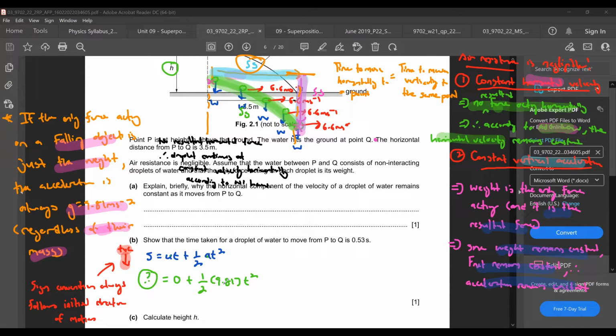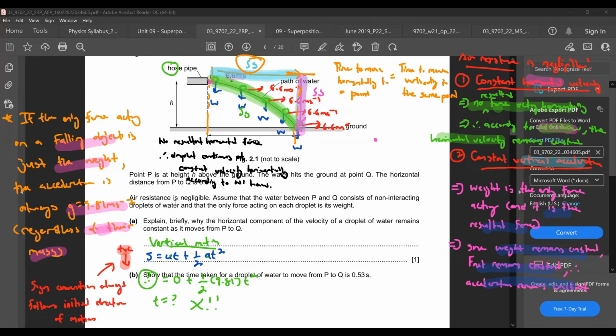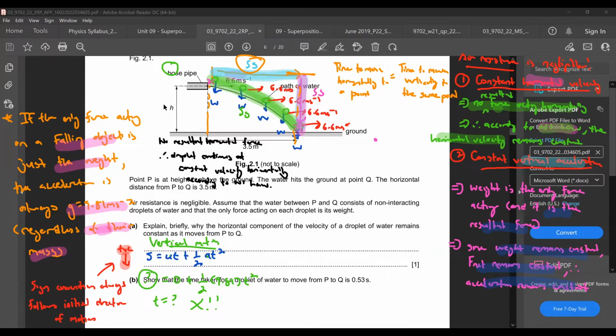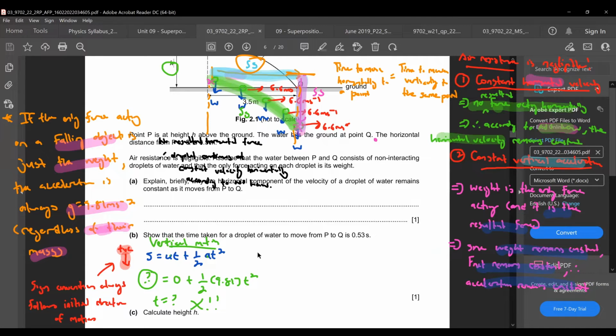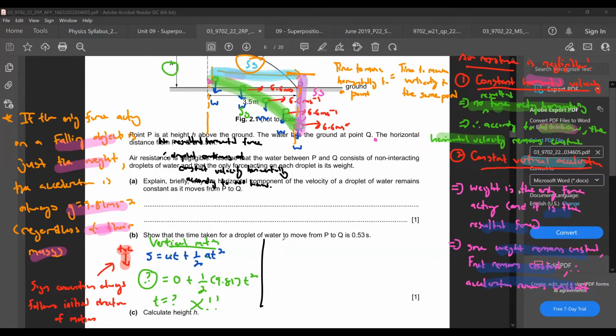This one is 0. My t is 0. This is definitely wrong already. If I try to solve it using vertical motion, I'm going to get stuck here, because in the first place, I did not know what my value of h is. If I know my value of h, I can solve this straight and find the value of t. So this one is out. So if I cannot use vertical, why not use horizontal?